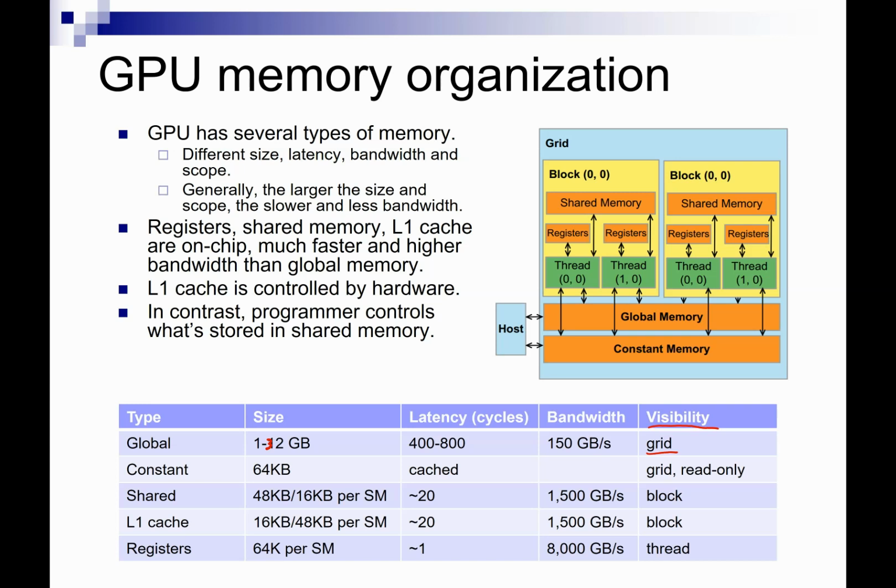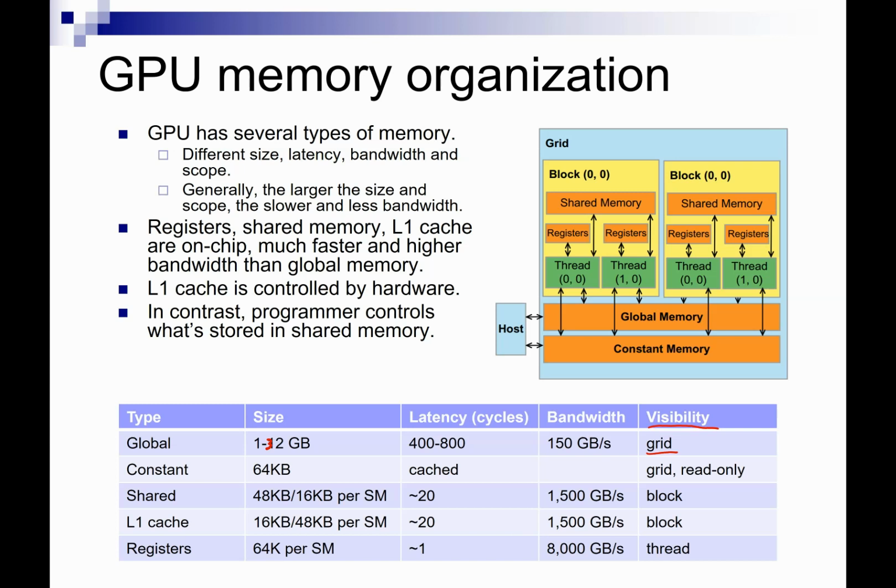If one block of threads allocates something in its shared memory, a different block of threads cannot read or write anything from it. It's private to this block. The same goes for the L1 cache, because the L1 cache is physically implemented from the same hardware as the shared memory.